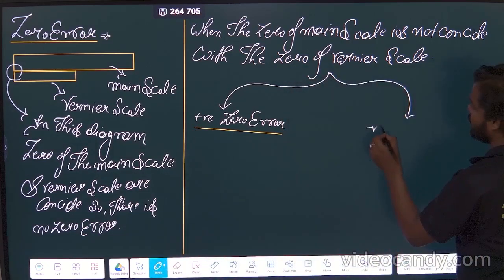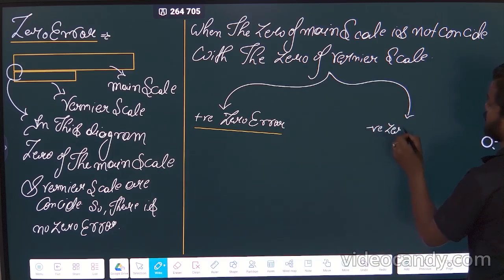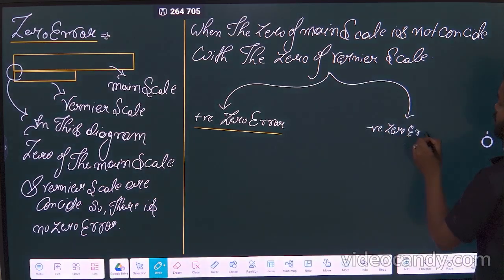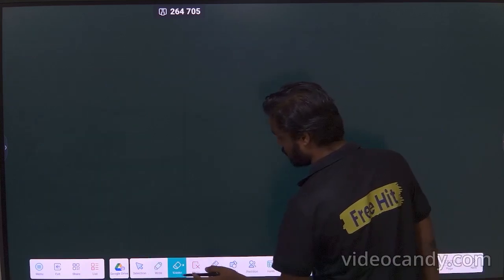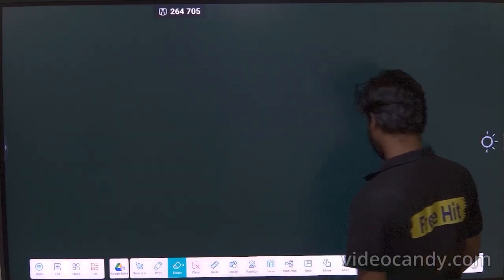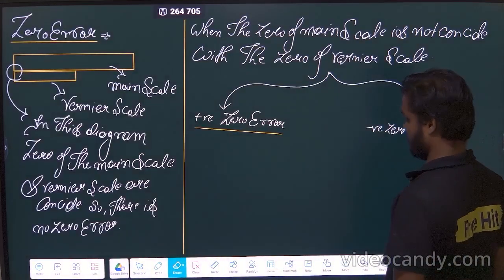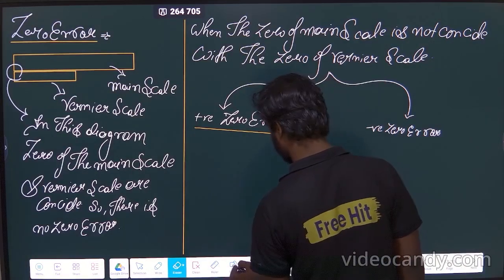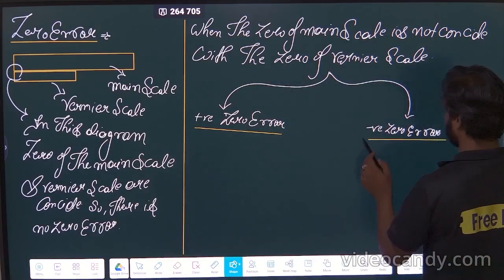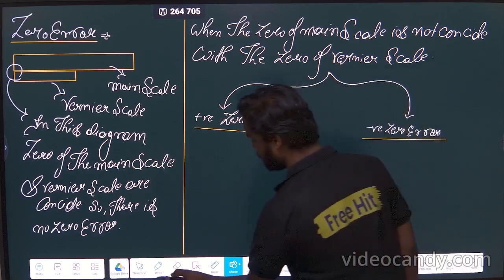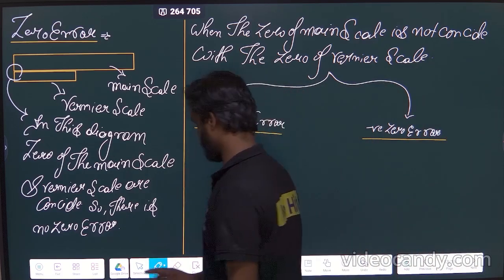And then negative zero error. Just give me 1 minute. I will explain you everything with the diagram.